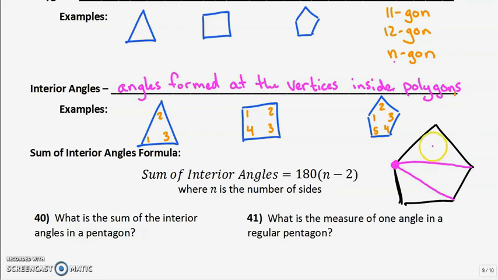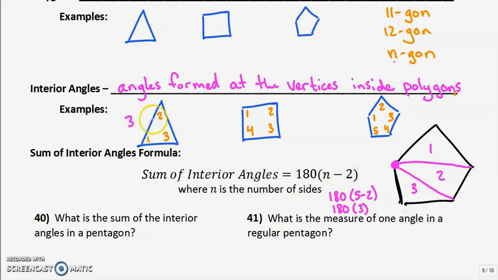There would be 1, 2, 3 triangles inside this pentagon, which is why we take 180 times 5 minus 2, which is 180 times 3, because 5 minus 2 is 3, and there are 3 triangles in it. So when you subtract 2, that's how many triangles you get.